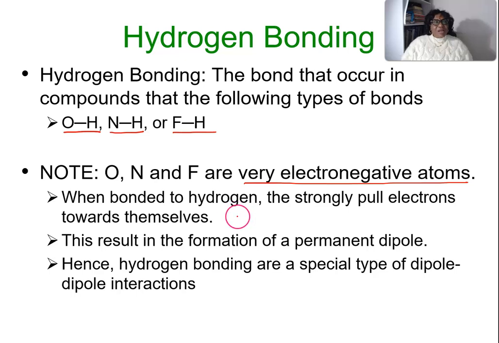But these 3 elements are very electronegative, so they pull the bonded electrons to themselves and make this hydrogen without the bonded electron that it has come to share. This results in the formation of a permanent dipole. Hence, hydrogen bonding is a special type of dipole-dipole interaction.